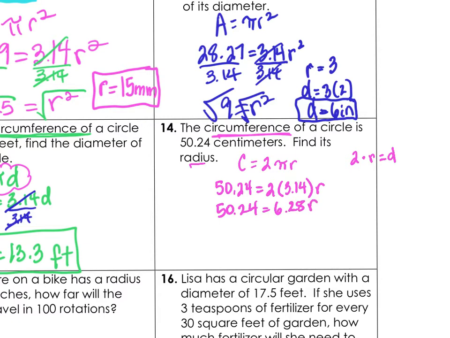And how do we get that r alone? That's right, we divide by 6.28 because this is just a one-stepper. 6.28, and those cancel. The radius equals 8 centimeters.